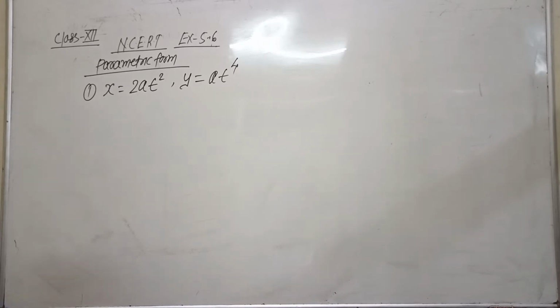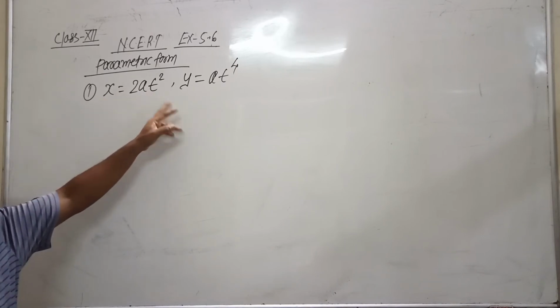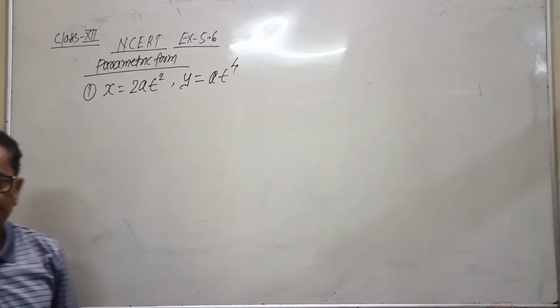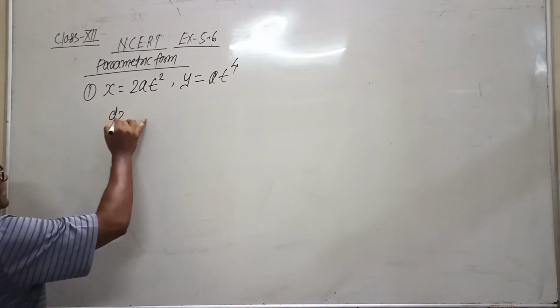So this is the function of x in terms of t, the function of y also in terms of t. So from here we will find dx by dt.